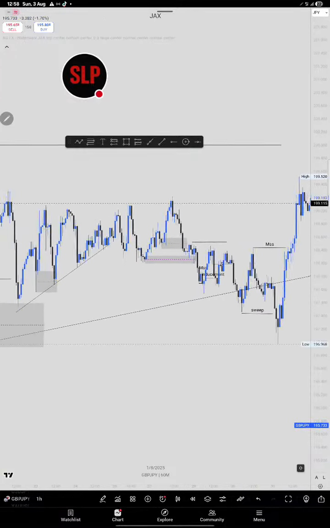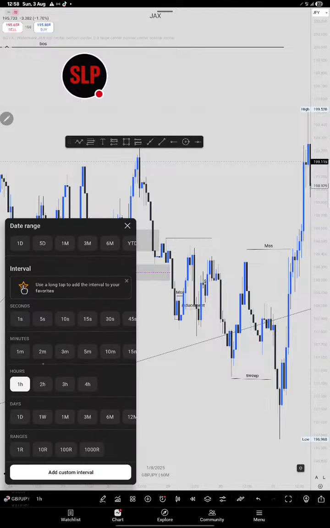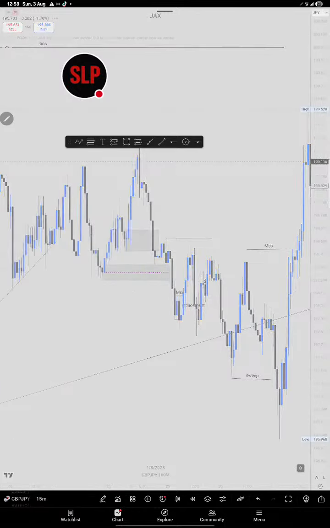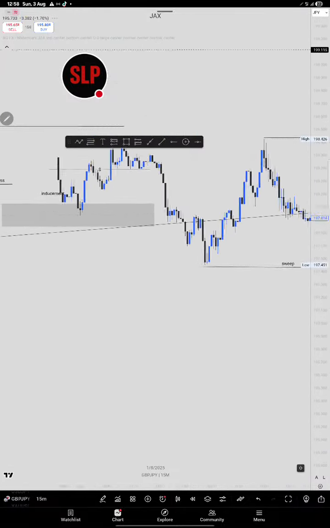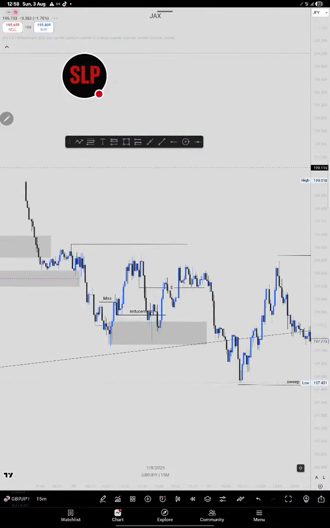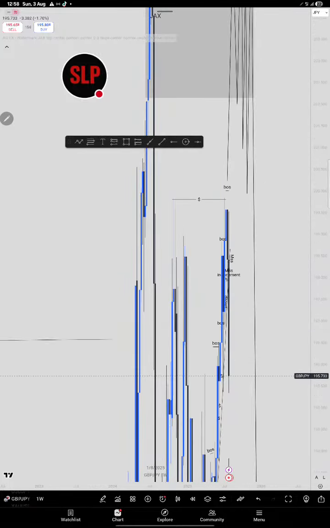I think it was a 15 minutes entry. After price retested the trend line, I waited for a market structure shift and everything to continue the buy to the upside. Remember, we have a bias of buy to sell.